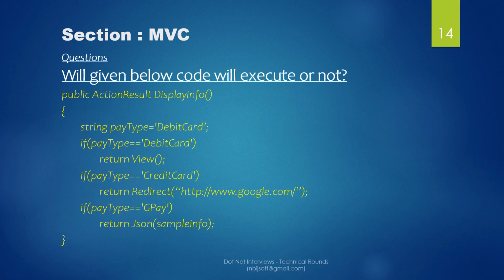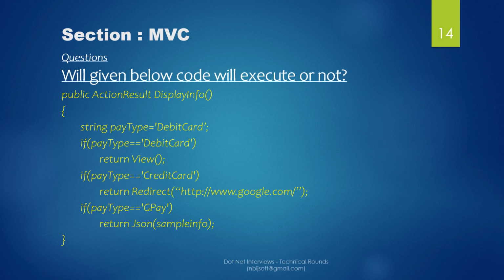Again he asked me the next question: will the given code execute or not? I said, why not, it will work. So again he said, look at the code. The code says that if some condition matches you have to return a view, if another matches you have to return a redirect, and the last one you have to return in JSON format.